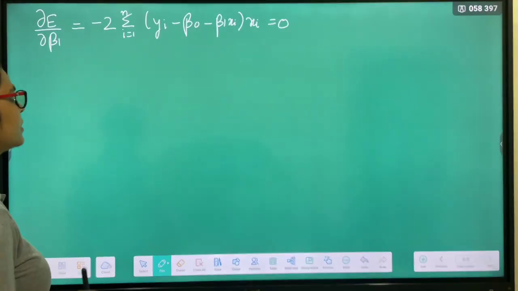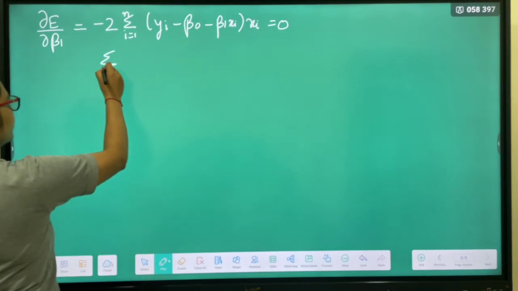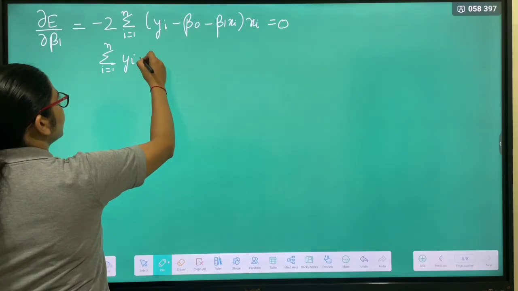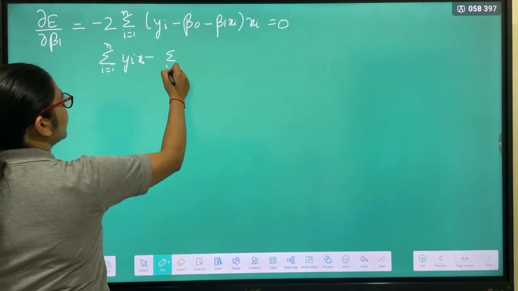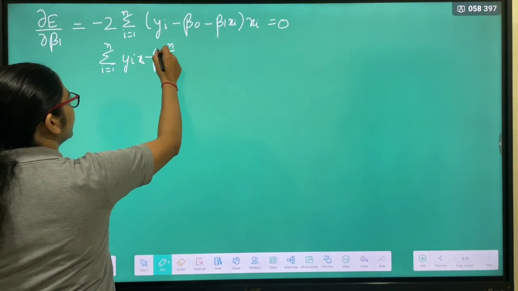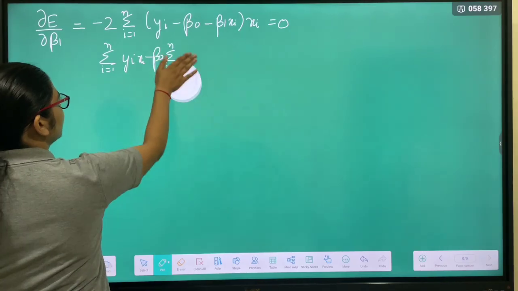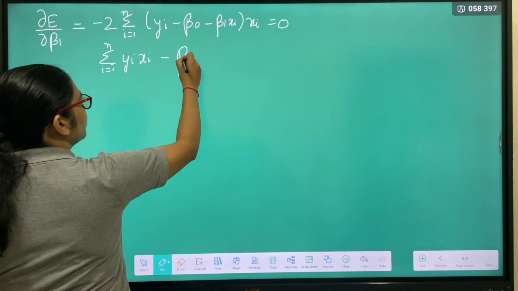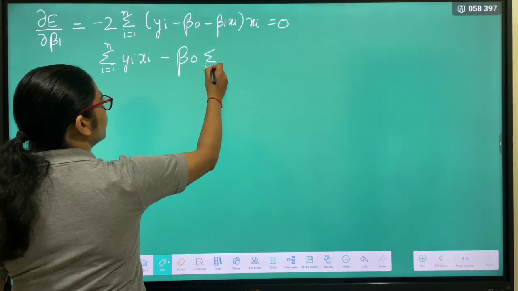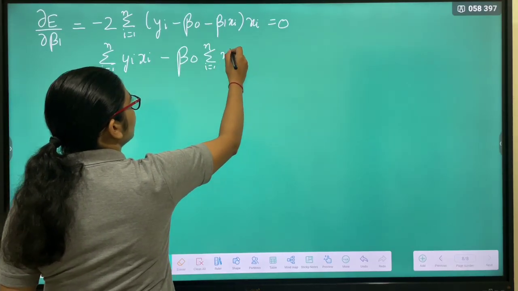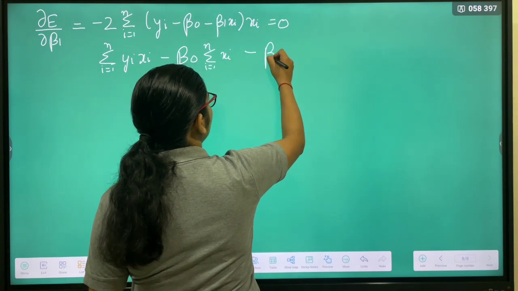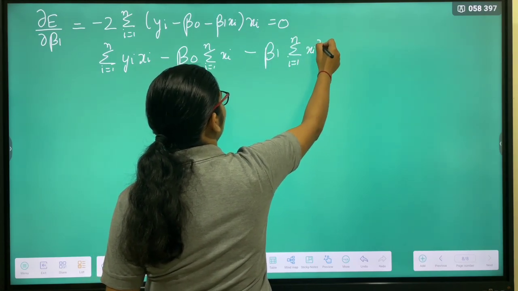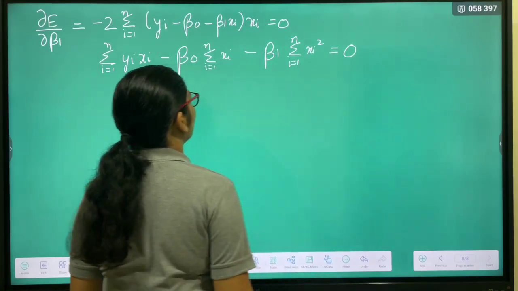Now taking the summation inside, we will get summation i goes from 1 to n yi xi minus beta naught summation i goes from 1 to n xi minus beta 1 summation i goes from 1 to n xi square equals 0.